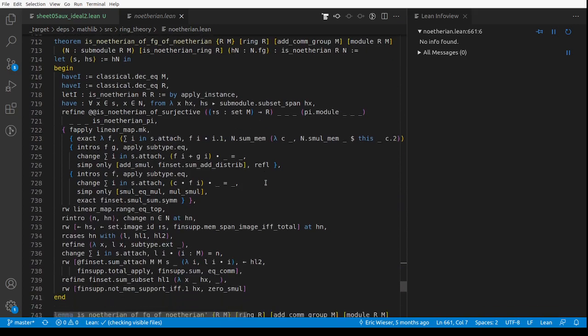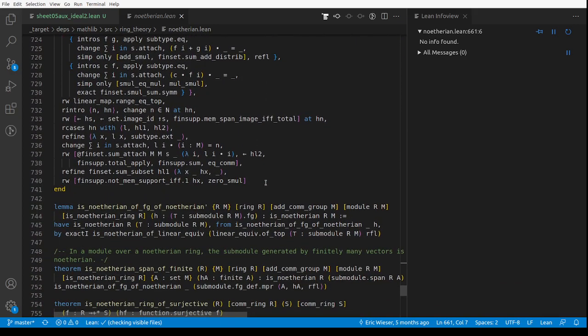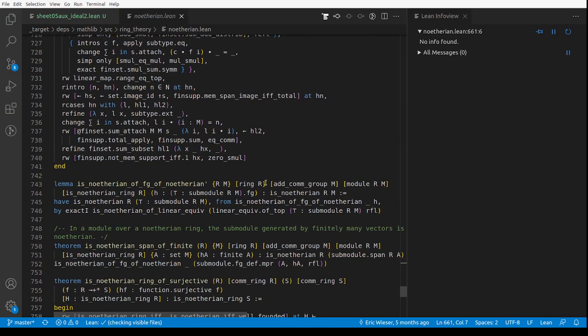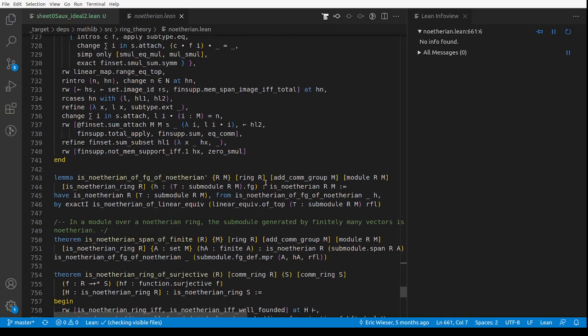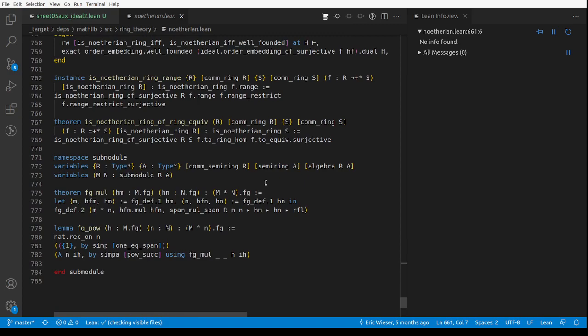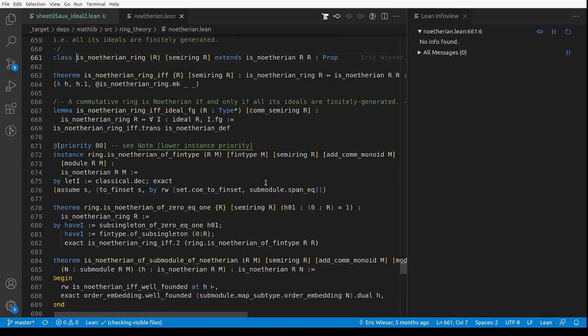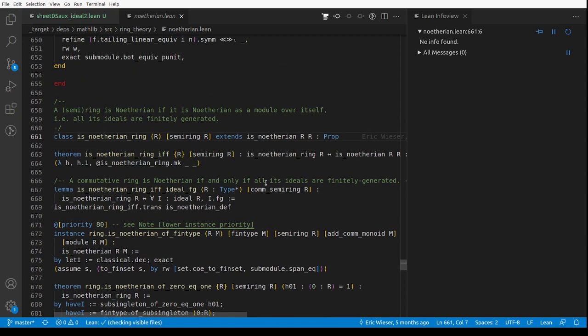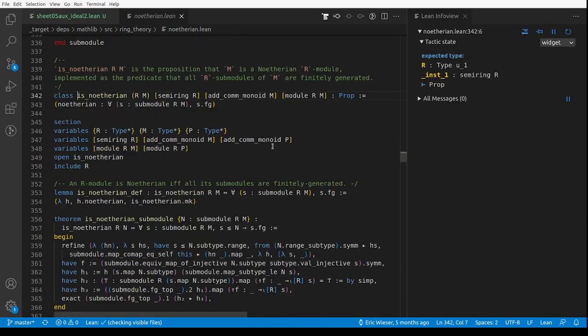I don't see it immediately. It's going to be there somewhere. Right. I mean, it might be somewhere in is Noetherian.